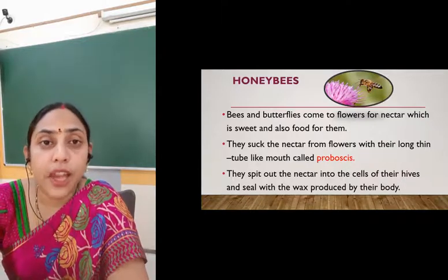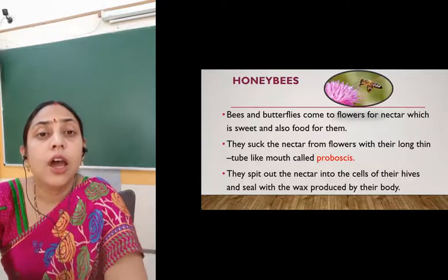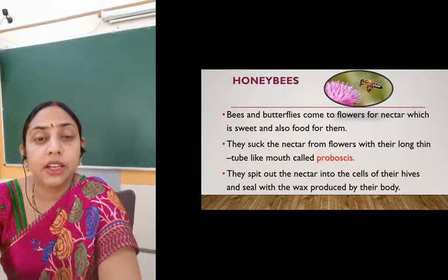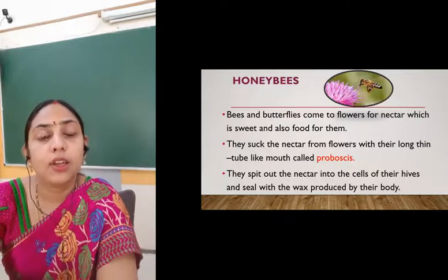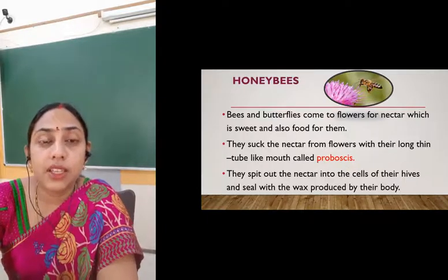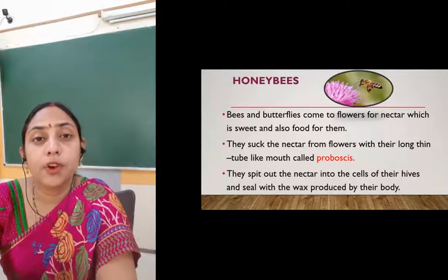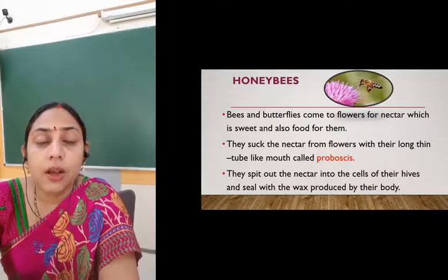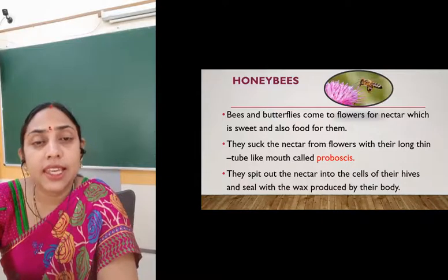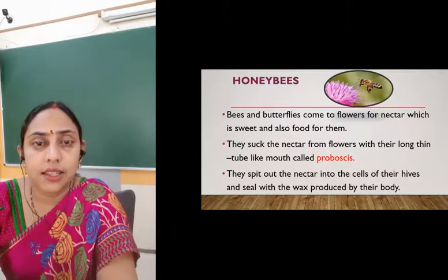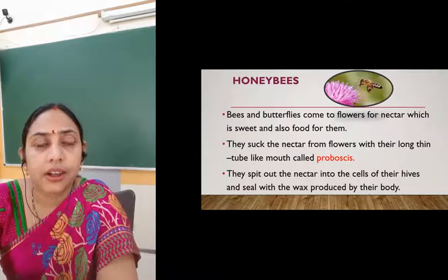The wax of the bees is called beeswax, which we learned in earlier classes, like in 2nd standard. So beeswax is the wax that comes from the body of the bee, right. With that beeswax, they seal their cells and keep the nectar inside.